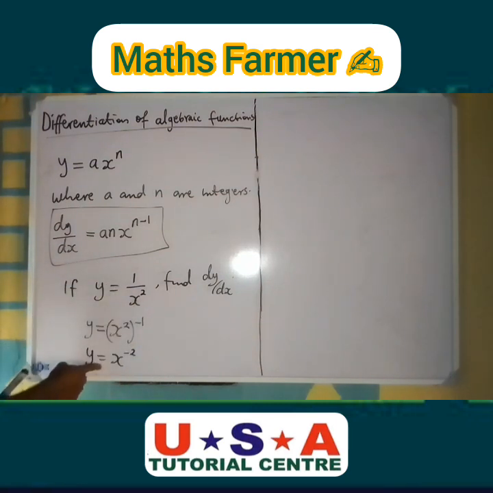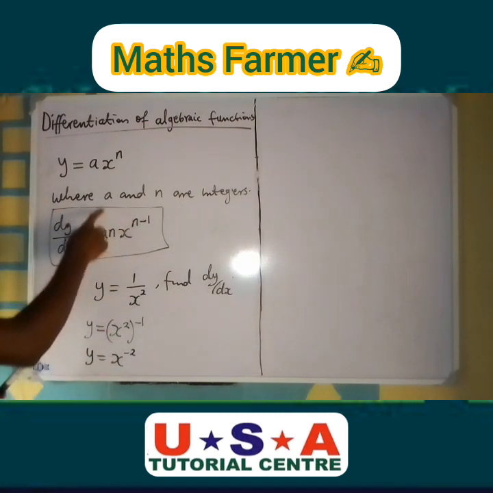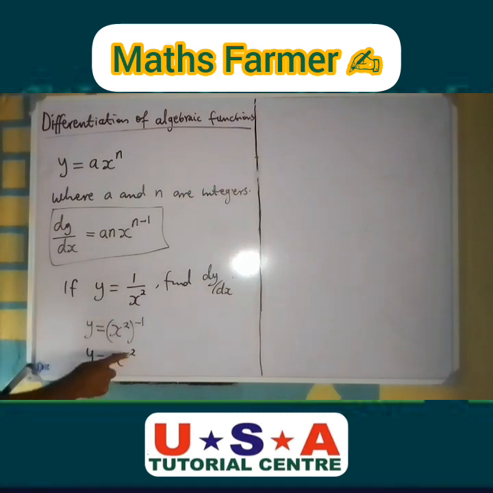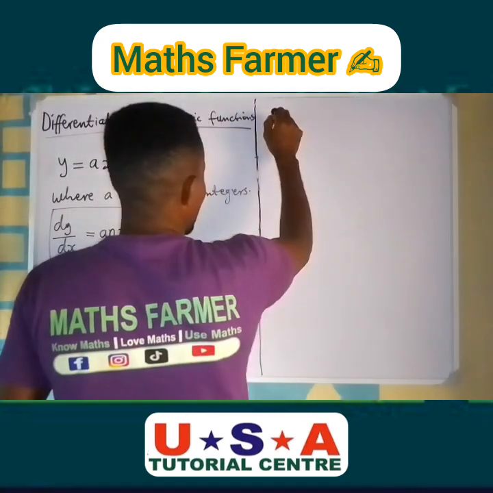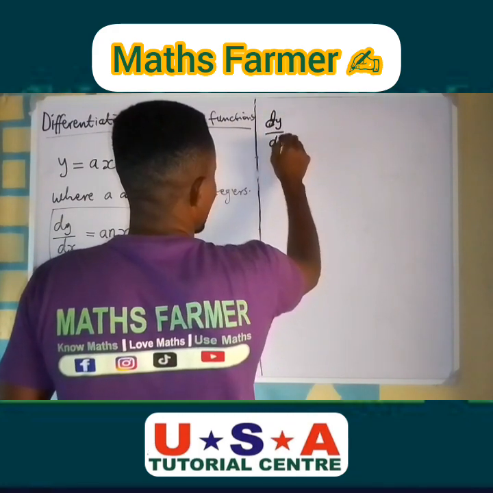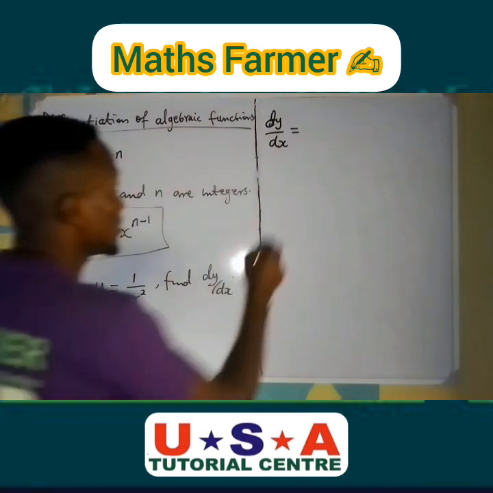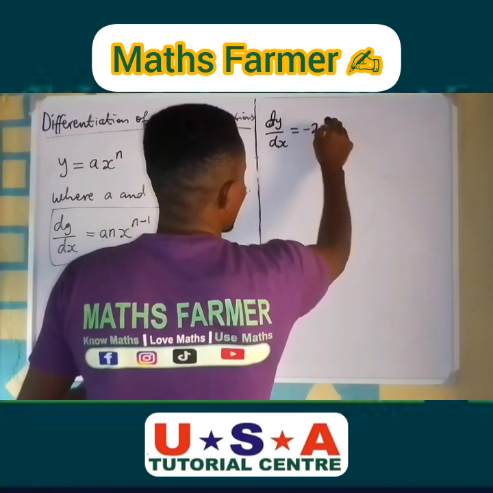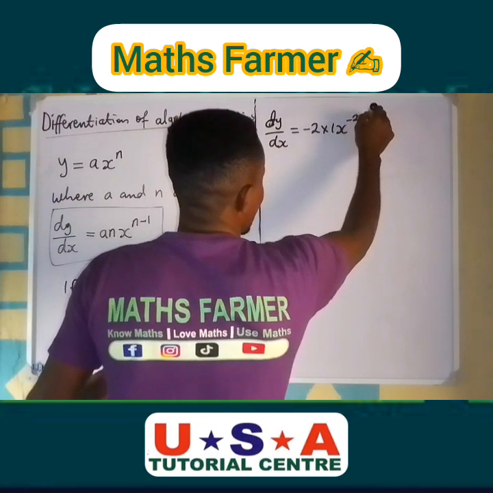So now, look at what you are going to differentiate. Using the same method we used earlier, the power will multiply the coefficient. The power here is minus 2. The coefficient of x here is 1. So that means dy/dx is equal to minus 2 times 1 times x raised to the power of minus 2 minus 1.